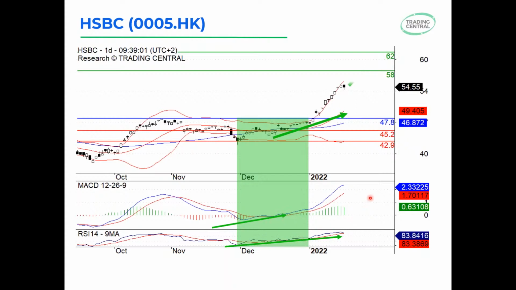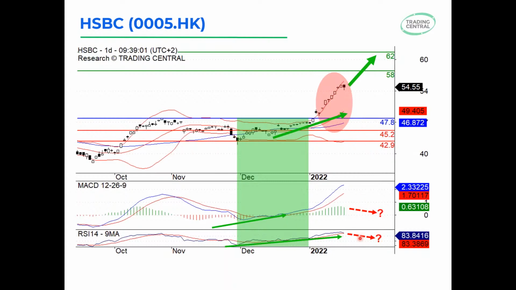But how about now? You can see that the stock price for the past few sessions has even jumped above the upper Bollinger Band. Okay, we are happy to see that, but at the same time, we have to exercise caution.